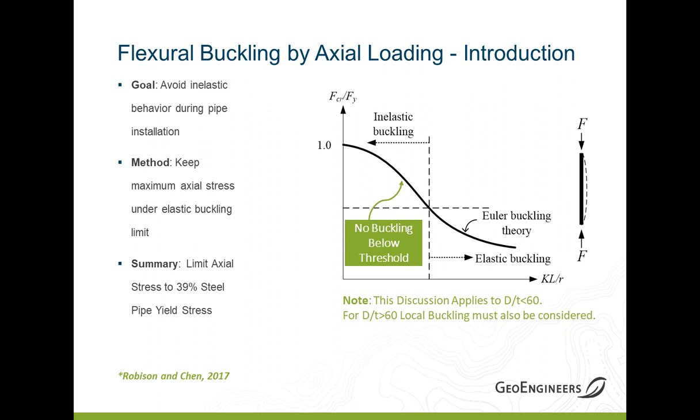So we really want to avoid any kind of steel capacity issues with the pipe. So we want to keep any buckling that occurs in the elastic range. In order to do that, and I don't have time to get into the details of why the math works out this way, we limit the axial stress to 39% of the pipe yield stress. So an important note there on buckling.